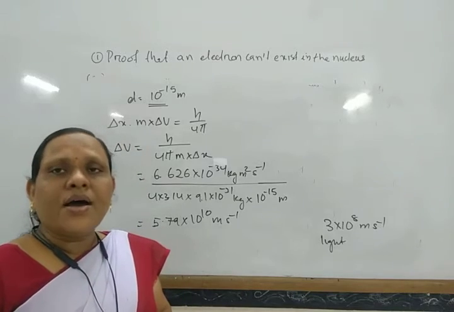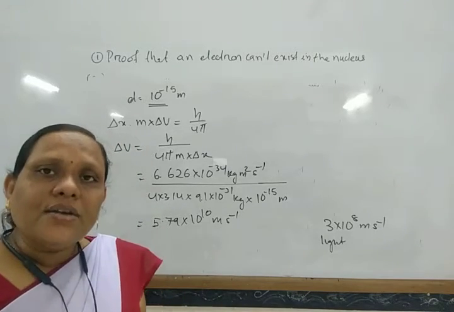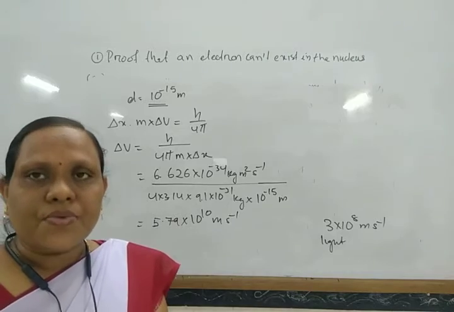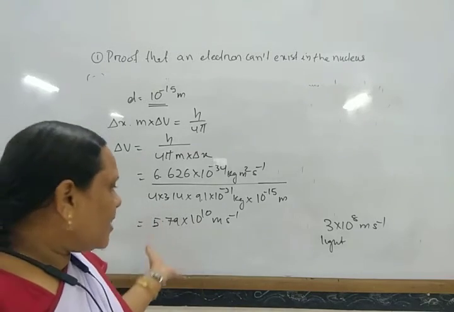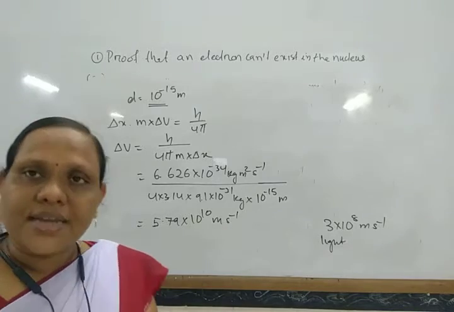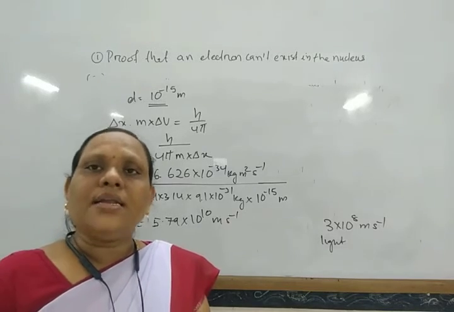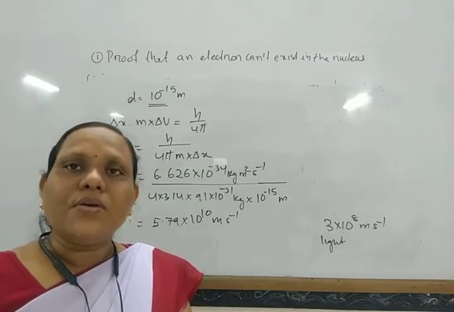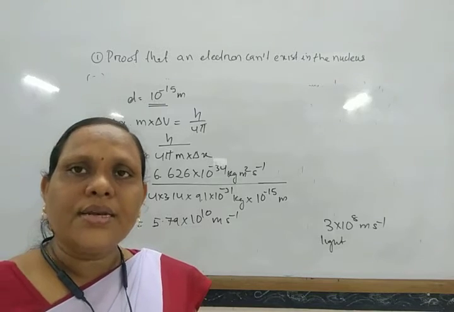In this way, an electron cannot be present in the nucleus, as its velocity cannot be 5.79 into 10 to the power 10 meter second inverse.